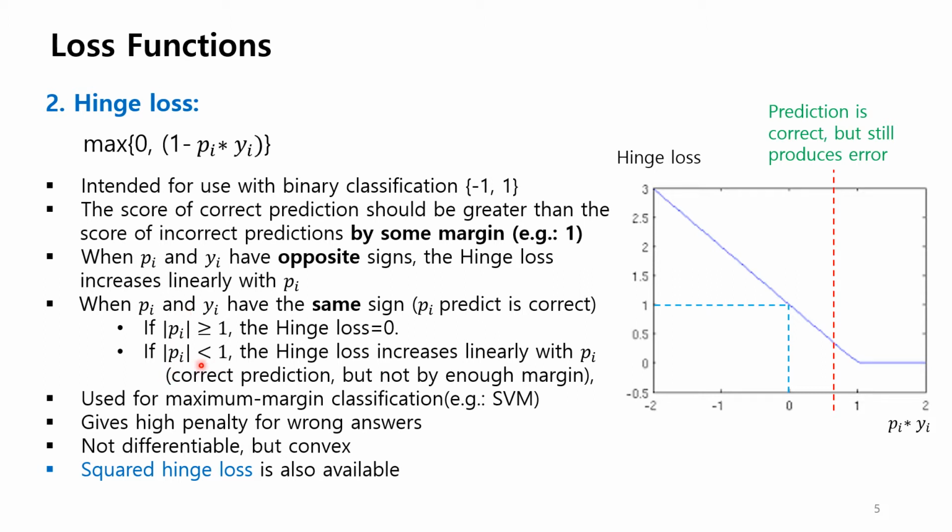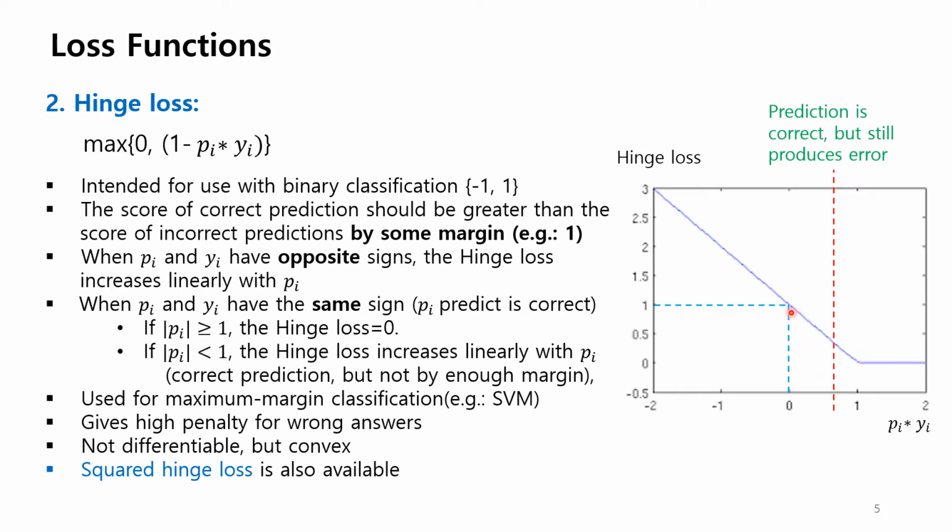Then in this case, even though our prediction is correct, pi yi have the same sign, if the absolute value of pi is less than 1, then the hinge loss still generates error. It's right here, between 0 and 1.